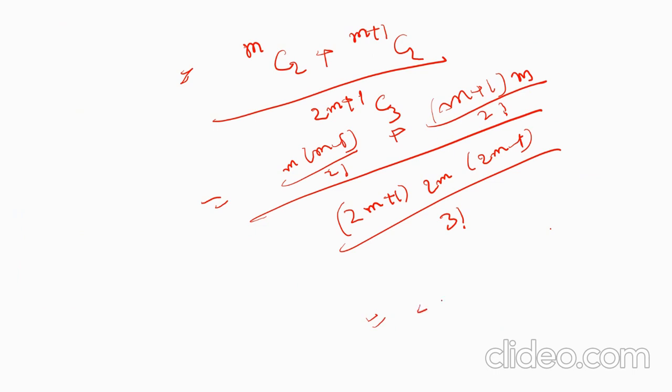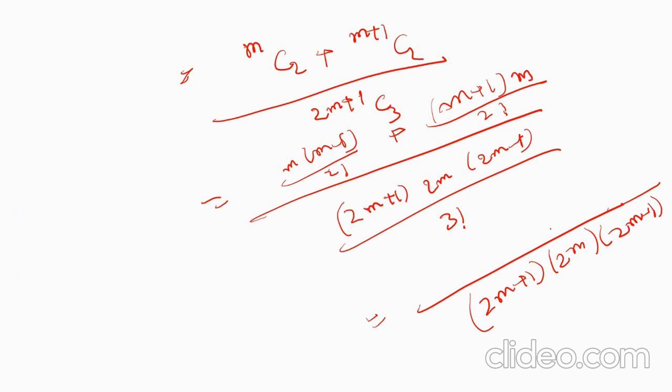Right? So you will have 2m plus 1, 2m, 2m minus 1, and here 3, and you will have m square minus m plus m square plus m, so m will be cancelled out.